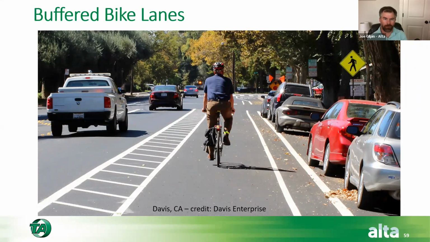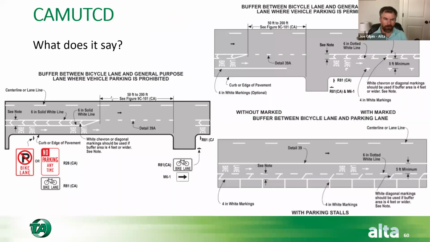But I did real quick want to just draw your attention to the California MUTCD, and this document does have currently, I believe, the only guidance on buffer design that exists in an MUTCD. So there is some information that's coming. There's been some proposed graphics for the National MUTCD.